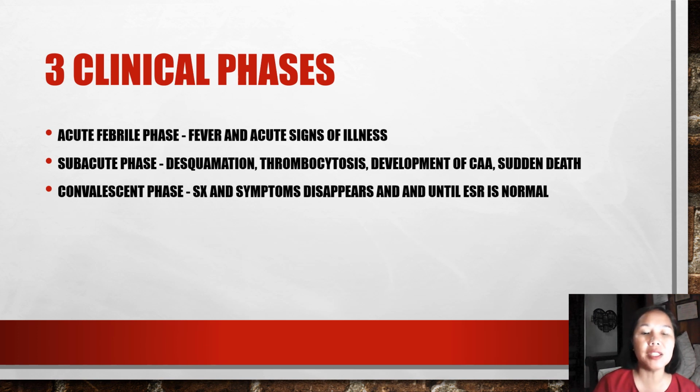And in this phase, you see desquamation, thrombocytosis, development of coronary artery aneurysm, and sudden death. And the third phase is the convalescent phase, where signs and symptoms disappear until the ESR is normal.